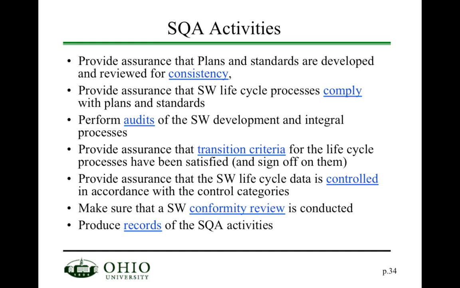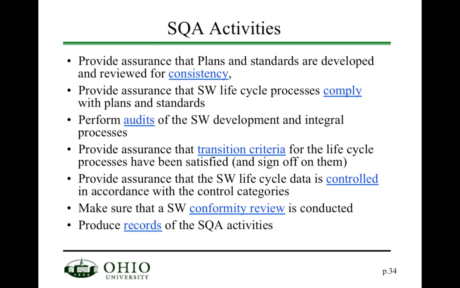Okay, so some of the activities: QA needs to provide assurance that the plans and standards are developed and reviewed for consistency. They also make sure that all the lifecycle processes comply with these plans and standards, and as a result, they perform audits of the software development and integral processes.